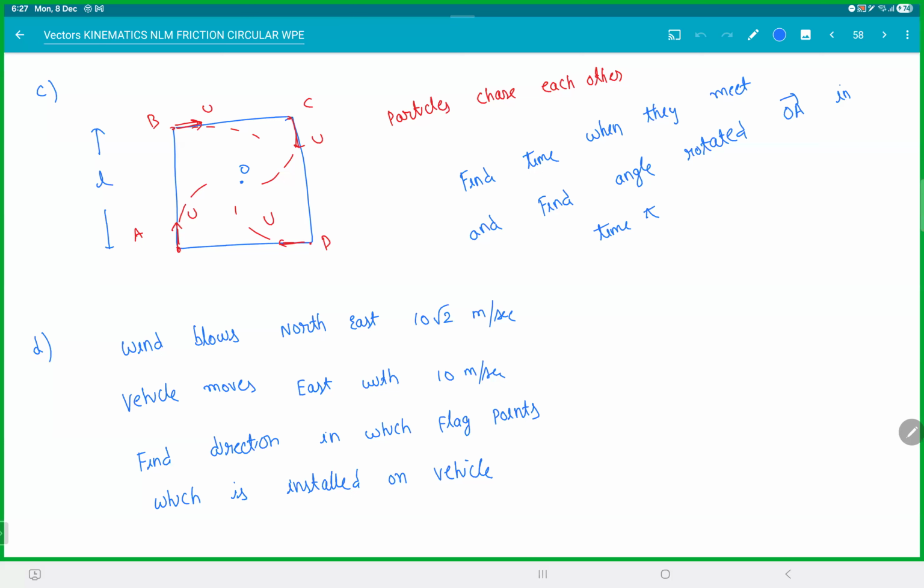Get these two. The time was the easiest one. That you should know how to do. Right, Niharika.